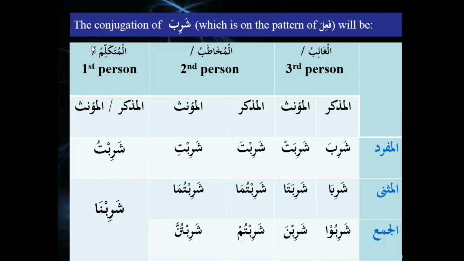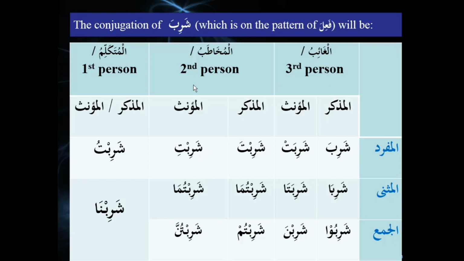In the same way, the conjugation of shariba, which is on the pattern of fa'ila, where the second radical has kasra, will be shariba, shariba, sharibu, sharibat, sharibata, sharibna, same as that of fa'ila.